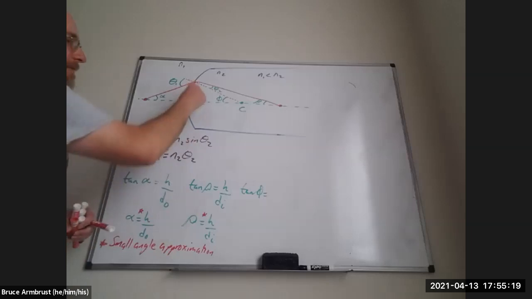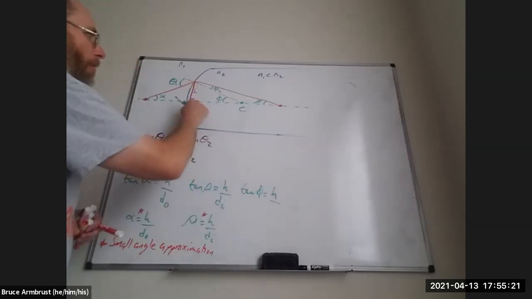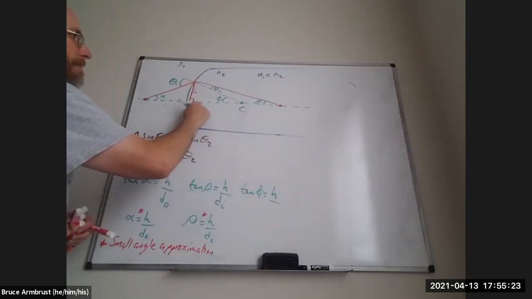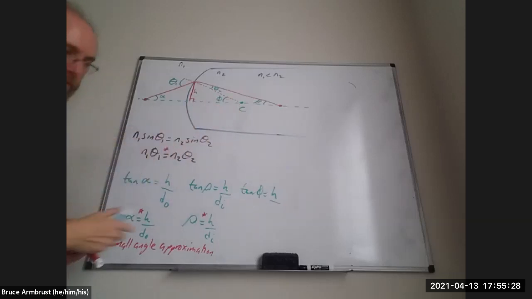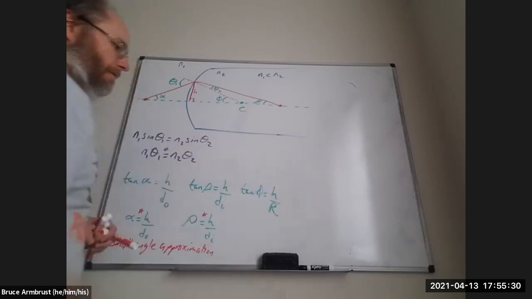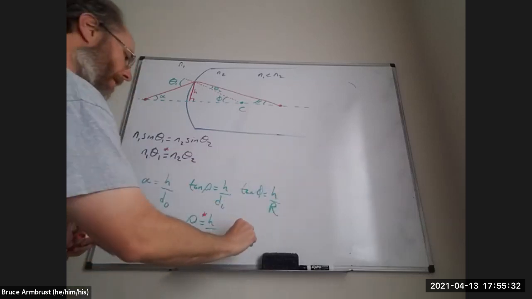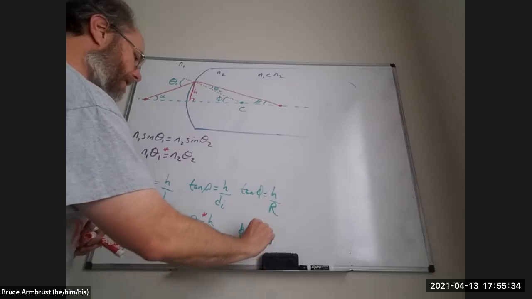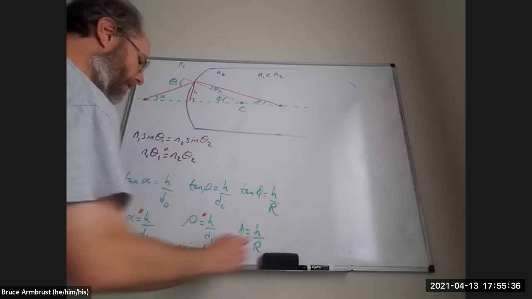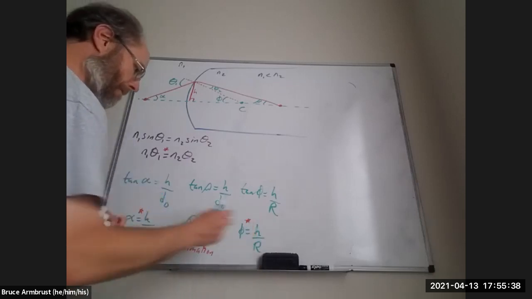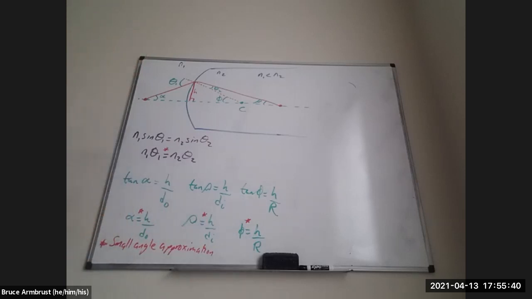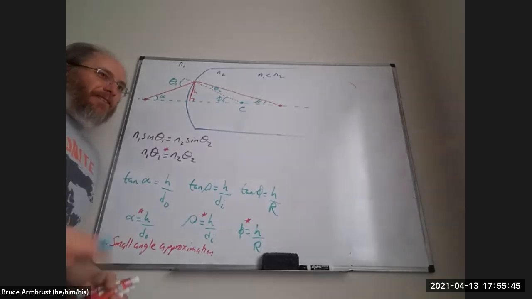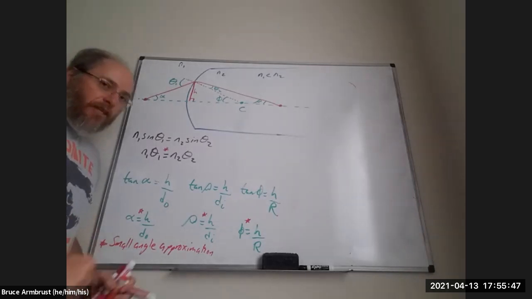The tangent of phi is h over this line, and that's just the radius of the circle. So by the small angle approximation, phi is going to equal h over big R. So the small angle approximation basically lets you get angles using the trig functions.